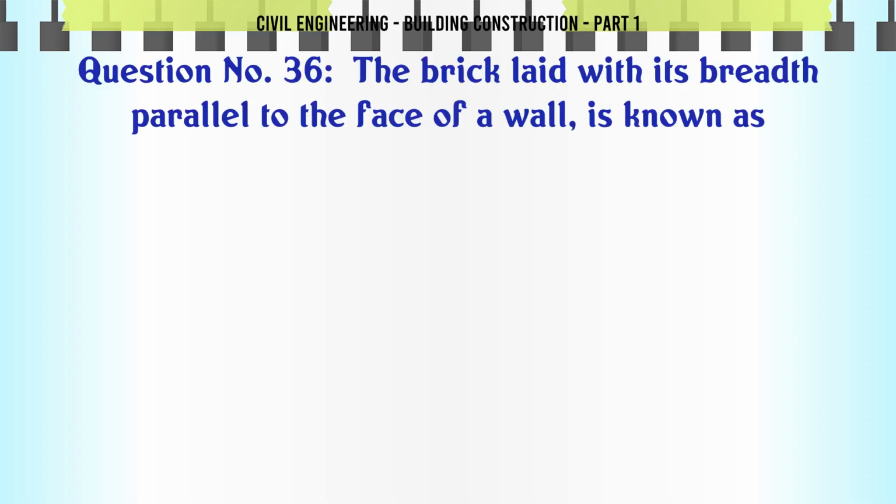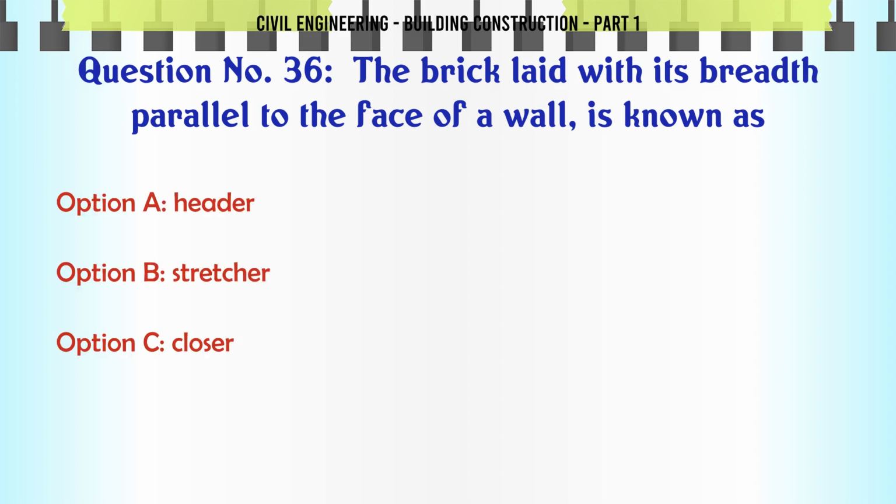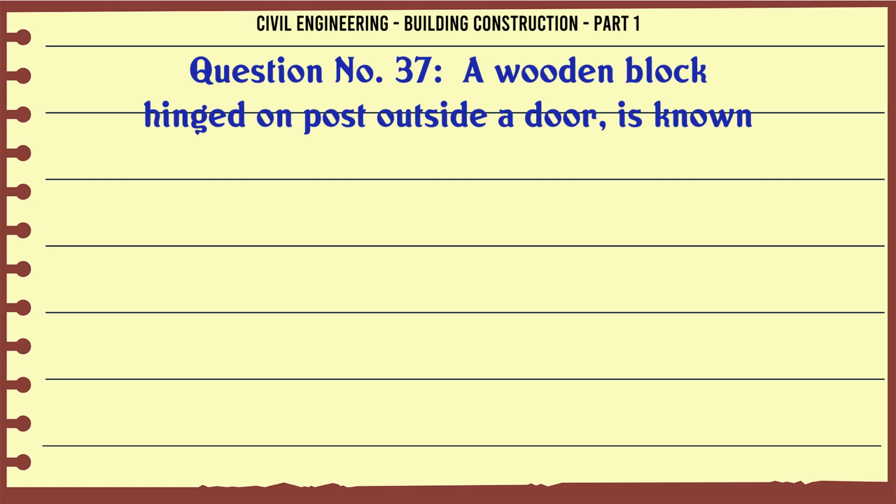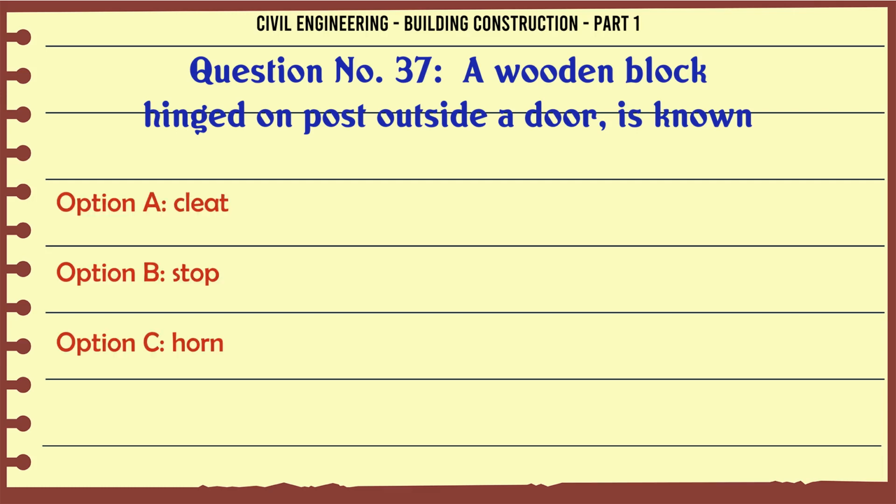The brick laid with its breadth parallel to the face of a wall is known as A, header, B, stretcher, C, closer, D, none of these. The correct answer is header. A wooden block hinged on post outside a door is known as A, cleat, B, stop, C, horn, D, none of these.